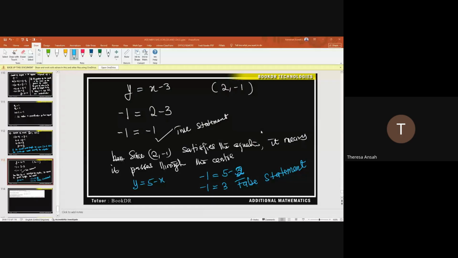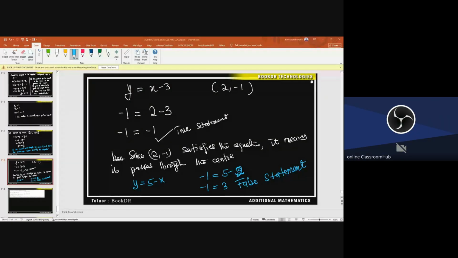Remember, when you have a coordinate system, the first letter is for the x and the second letter is for the y. So we place the y component here. Then we place the x component at its position. When we simplified, we saw the statement that -1 is equal to -1. In mathematics, that is a true statement.